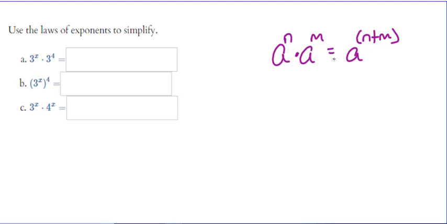For multiplying like bases, we add their exponents. So here you can see that these are like bases, okay? So that would be 3 to the x plus 4, okay?